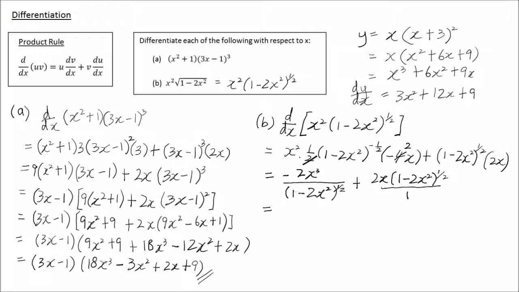Now when we multiply this bracket to the top and to the bottom of this fraction, the reason why we do this is so that we can combine the two fractions into one. Now the denominator is the same, they can be combined into one.